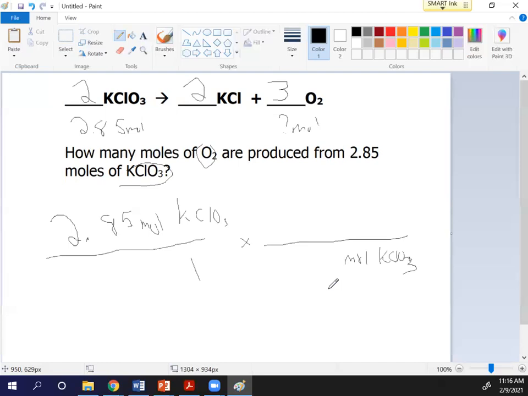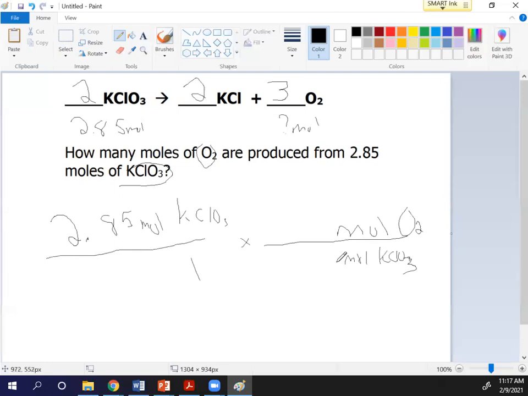What's my unknown in this question? O2. So moles O2 is going to go on the top. Now, where do I get my numbers for mole O2 and mole KClO3? No. Molar mass was a good guess, that's tomorrow. The mole ratio. So I get this from my balanced chemical equation.